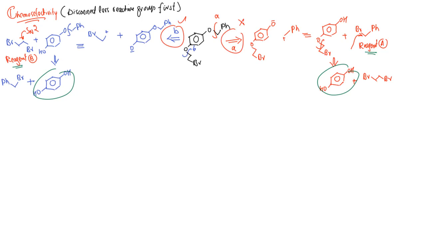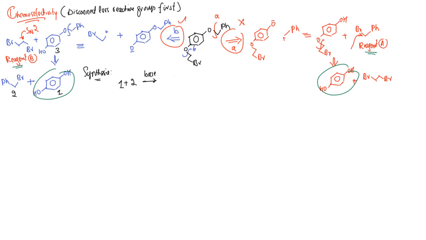Consider the synthesis. We will first react, let me number the reagents for clarity. This is 1, this is 2. I will react 1 plus 2 in the presence of a basic medium so that I get a phenoxide ion, and this phenoxide ion will make an SN2 reaction on reagent number 2, and we will get product number 3.